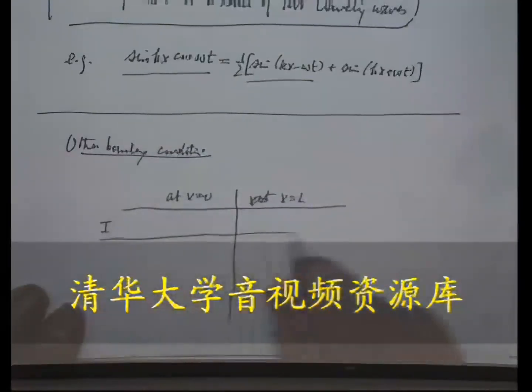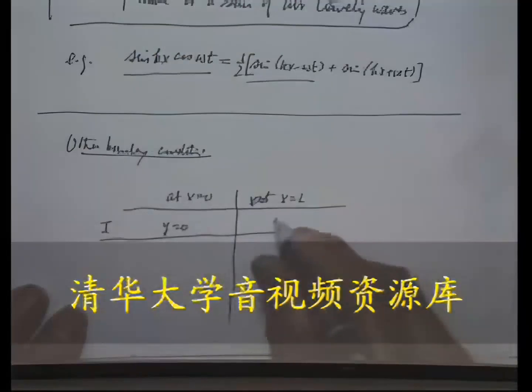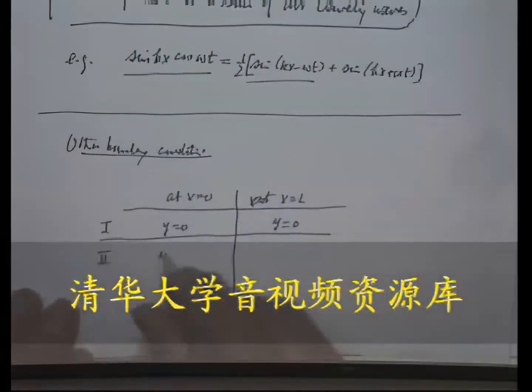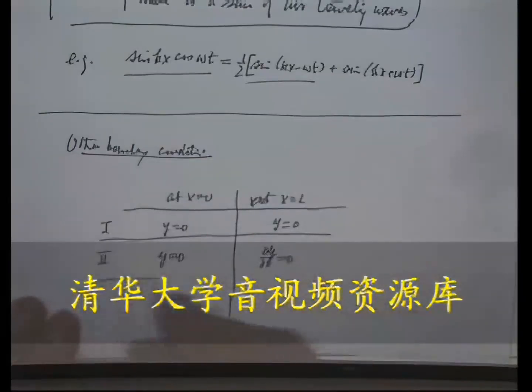First case, at x equal to 0, we have y equal to 0. At x equal to L, we have y equal to 0. That's the case that we talked about. A second case is y equal to 0 at one end, and dy/dx is equal to 0 at the other end.